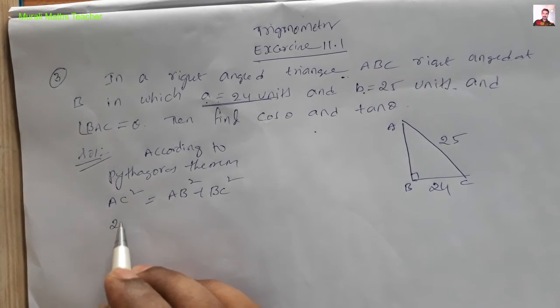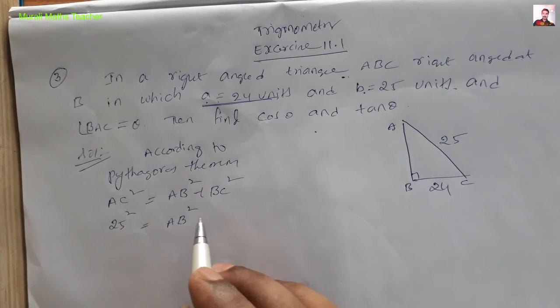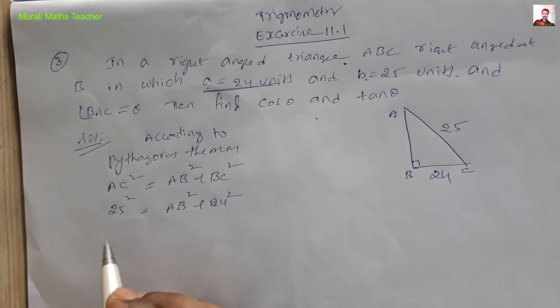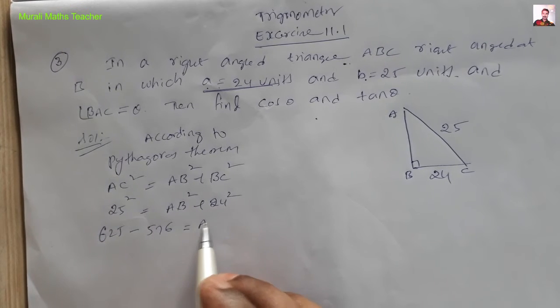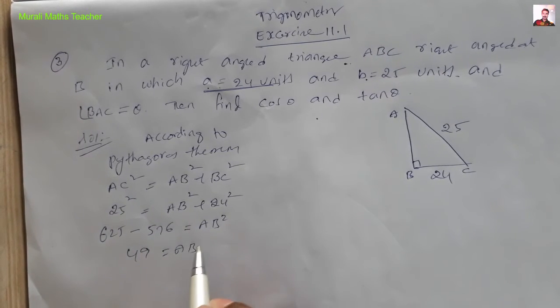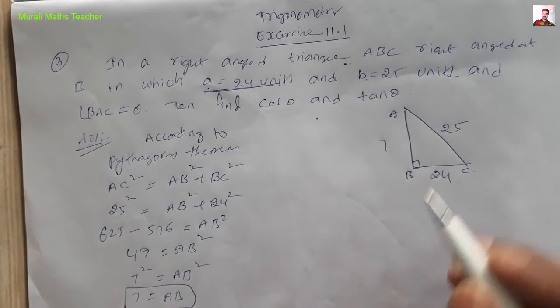AC square is 25 square, AB square we have to find, BC square is 24 square. 25 square is 625, 24 square is 576. So AB square equals 625 minus 576, which gives 49. 49 is nothing but 7 square. So AB square equals 7 square, AB equals 7. Mark it here.